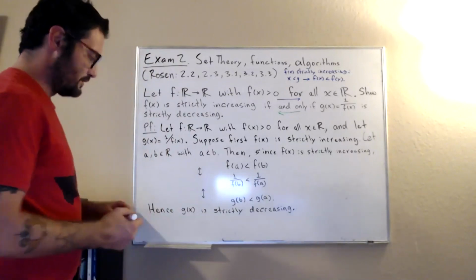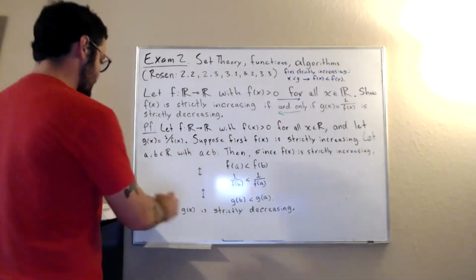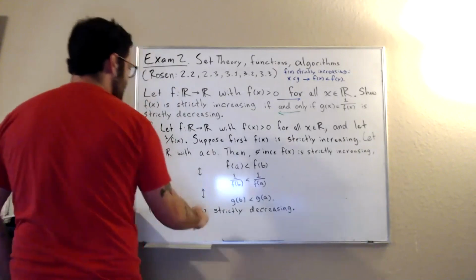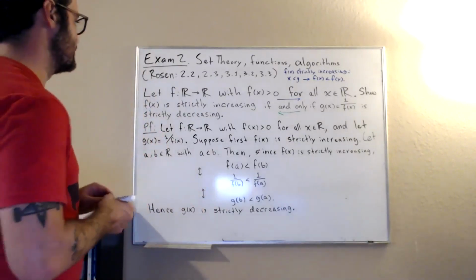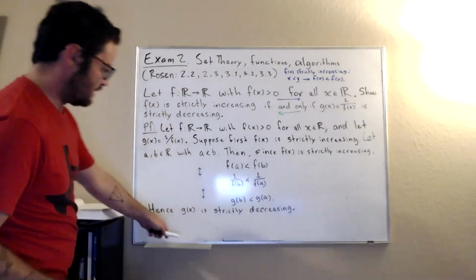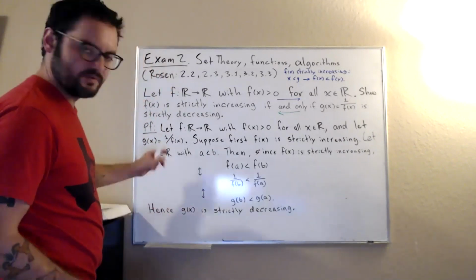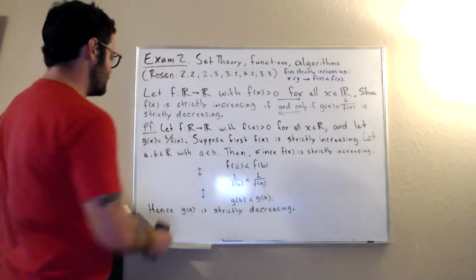If I had more room, I would start right here: conversely, suppose that g of x is strictly decreasing. I would continue writing down here, but I ran out of room, so I'm just going to erase and start up here.